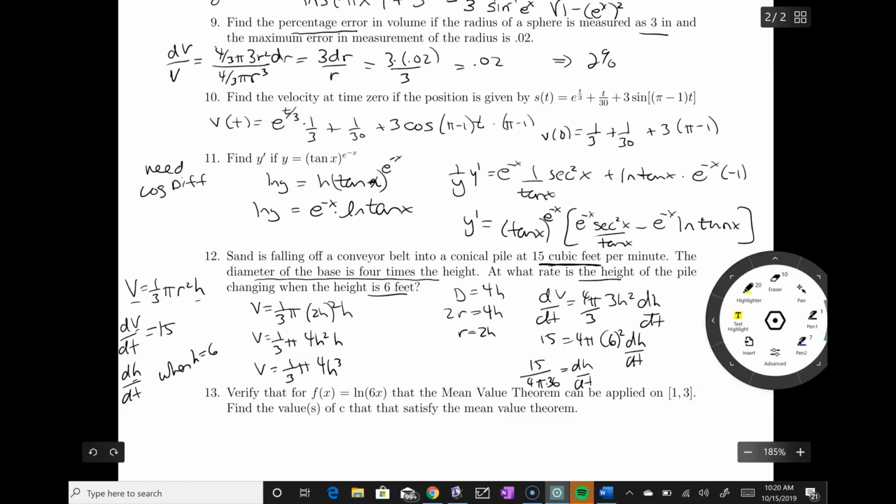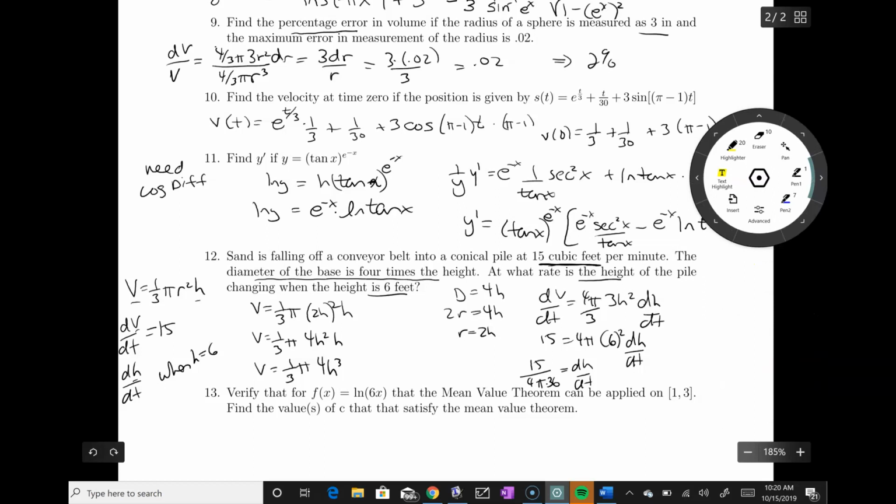Alright, so mean value theorem can be applied because this function is continuous on [1, 3] and it is differentiable on (1, 3). What I'm looking for is the derivative, so that's 1 over 6x times 6 equaling f of 3 minus f of 1 all over 3 minus 1.